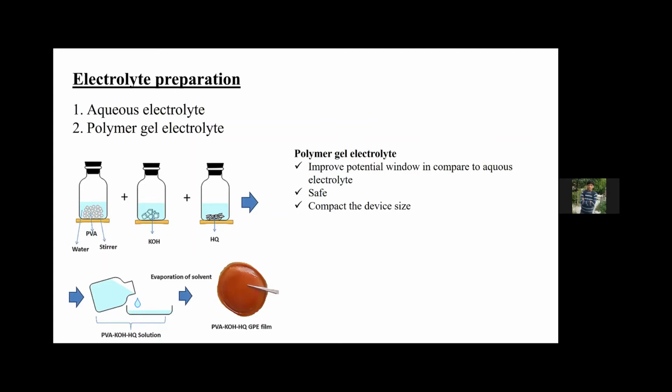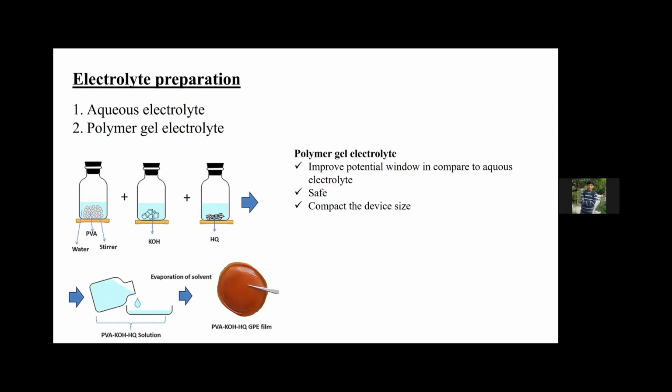And next one is, okay, now we already have positive electrode, negative electrode, and one thing is what electrolyte we can use. So there are two electrolytes: one is the aqueous electrolyte, or you can use the polymer gel electrolyte.